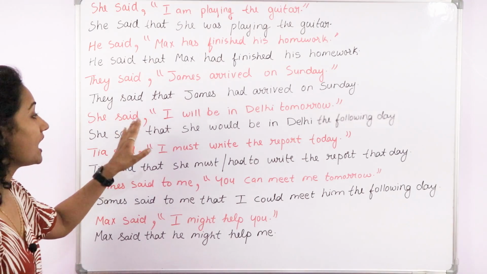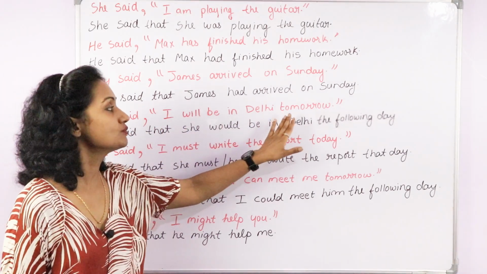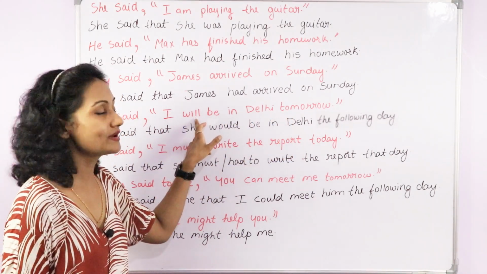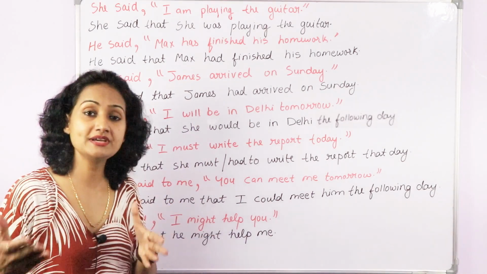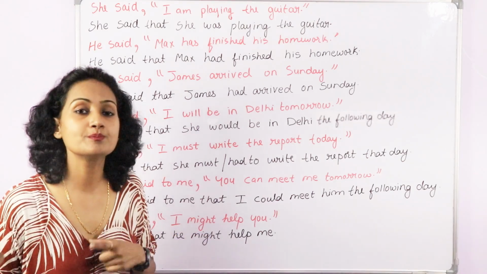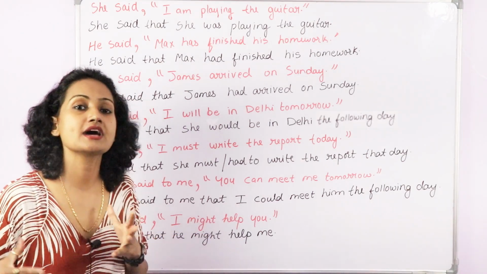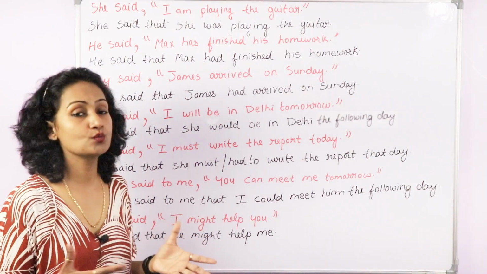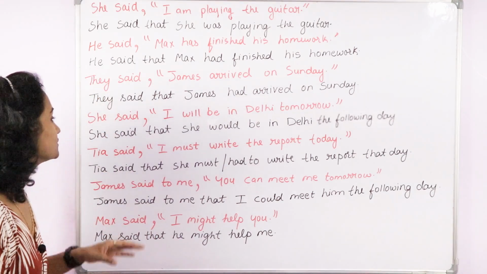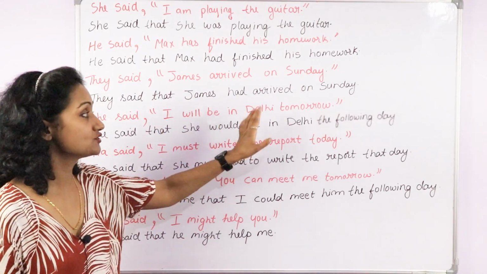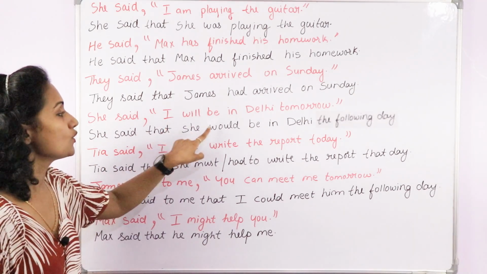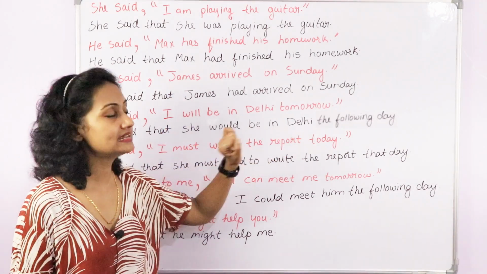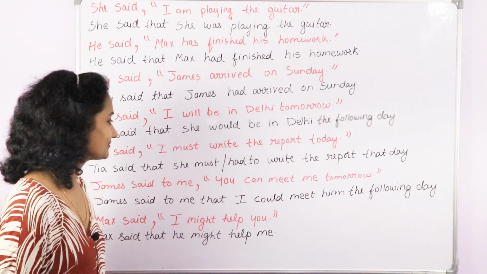She said, "I will be in Delhi tomorrow." So this is will. In place of will we use would. So will be will change into would be, will have, would have, will have been, would have been. So she said that she would be in Delhi the following day.